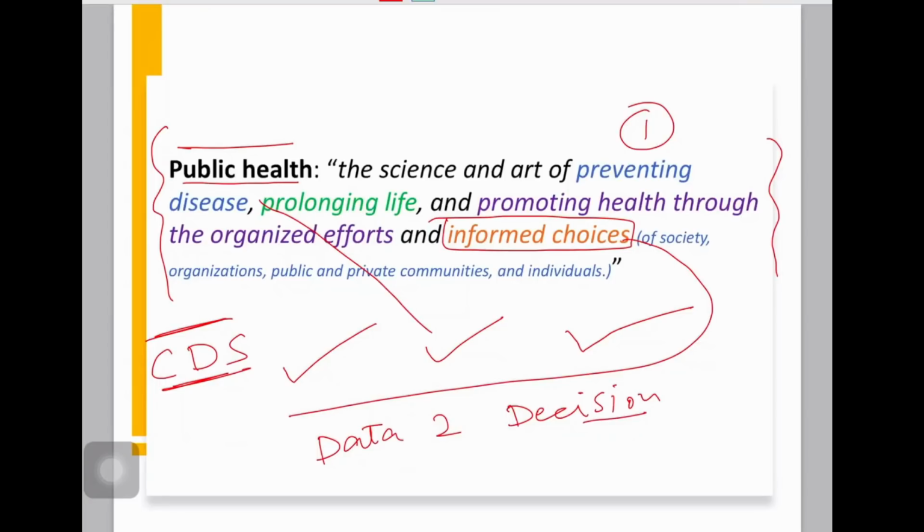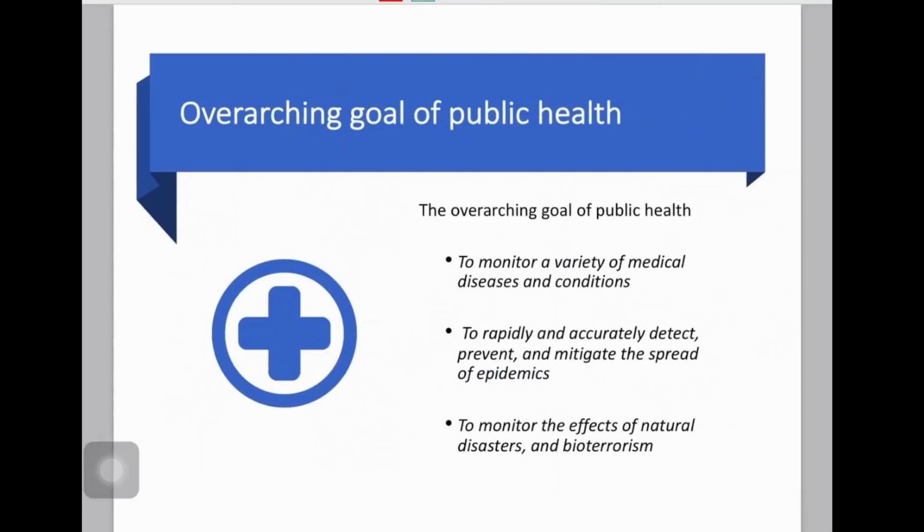This is how we define public health. Now again, I will stop, and whatever you got from this definition, you can write in your notes. When you are done, resume the video.